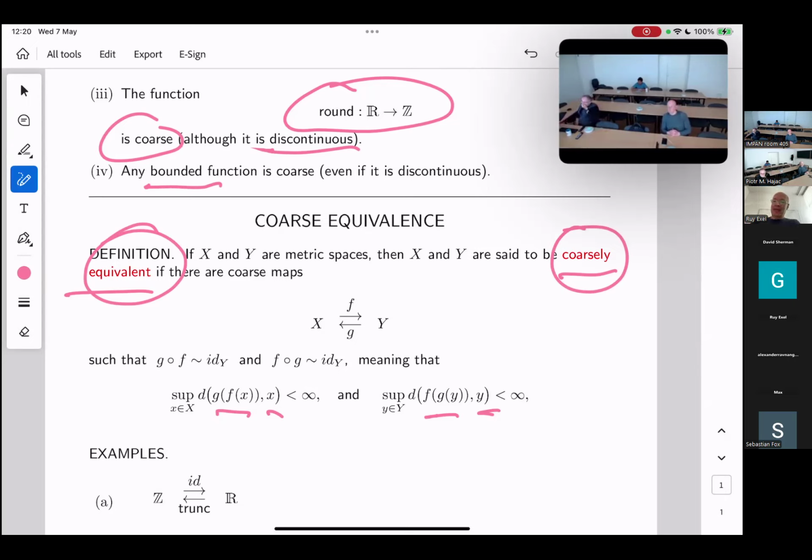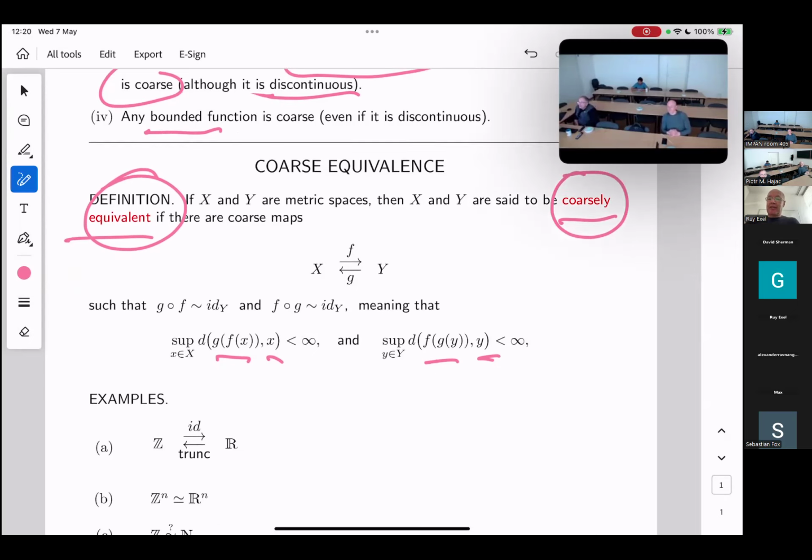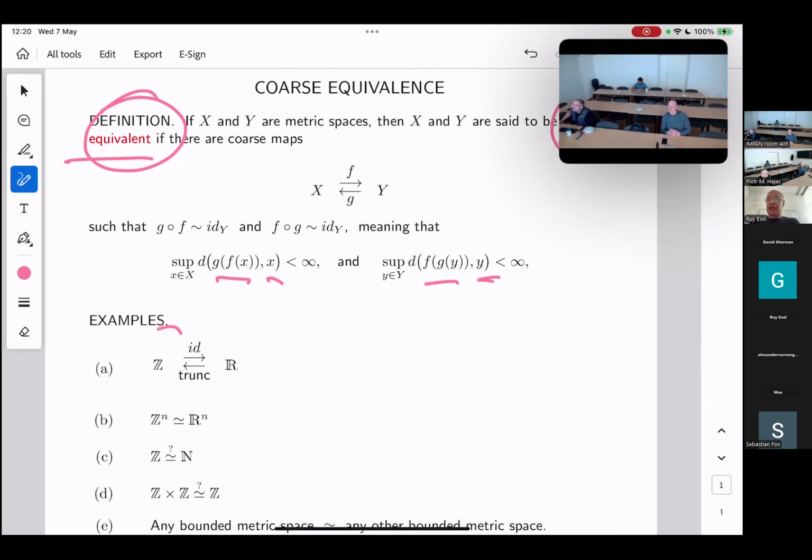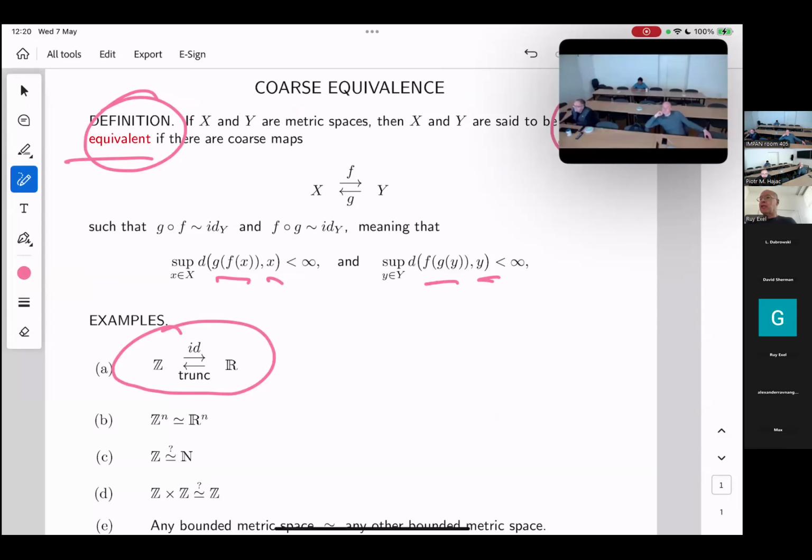Here are some examples of coarsely equivalent spaces. The integers and the real line are coarsely equivalent because you can find these two functions: the inclusion from the integers to the real line, and going back, the truncation or rounding function that we were talking about.